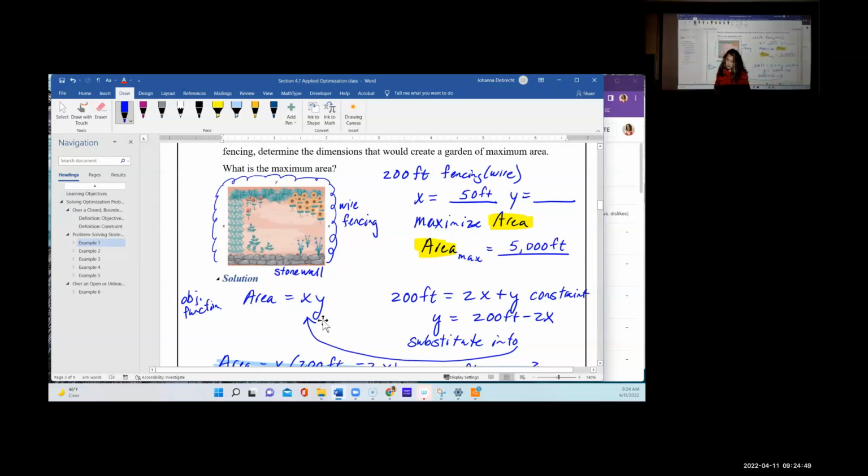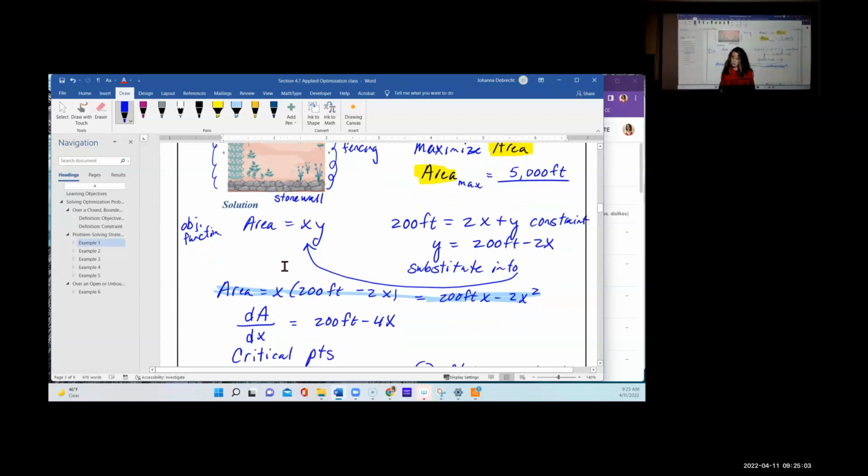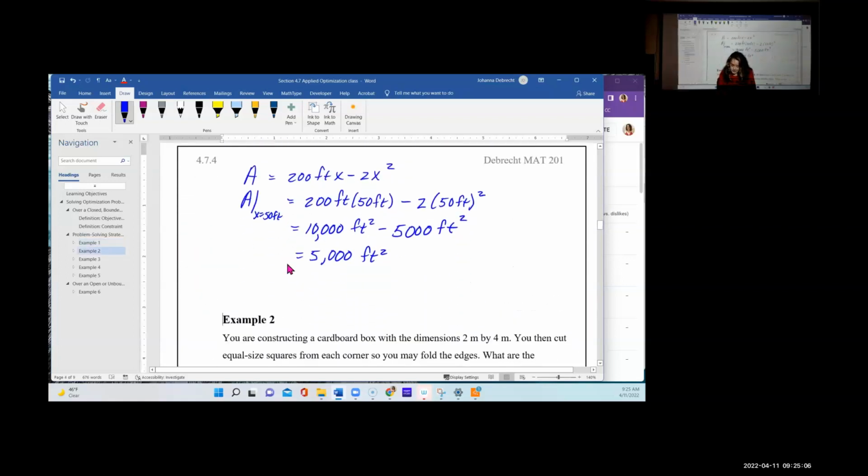So back in my original constraint equation, remember I solved it for y in terms of x. So this equation right here, y equals 200 feet minus 2x, will give me the y value. So that gives me 200 feet minus 2 times 50 feet, which is 100 feet, which gives me 100 feet.